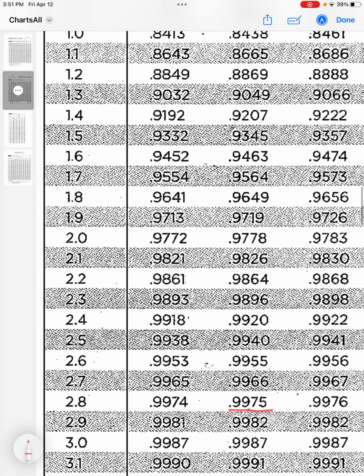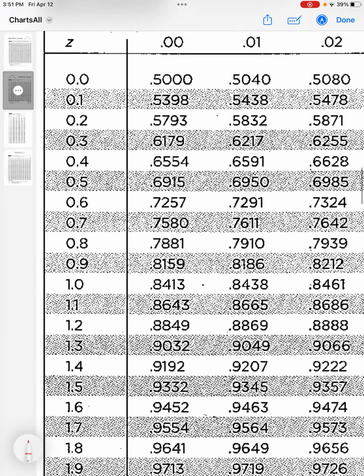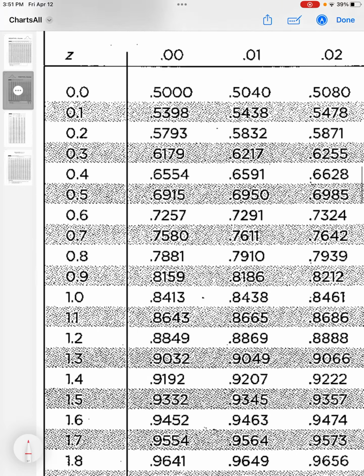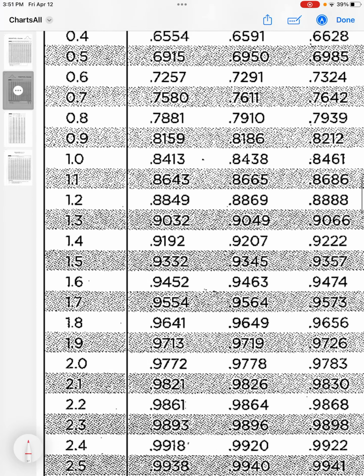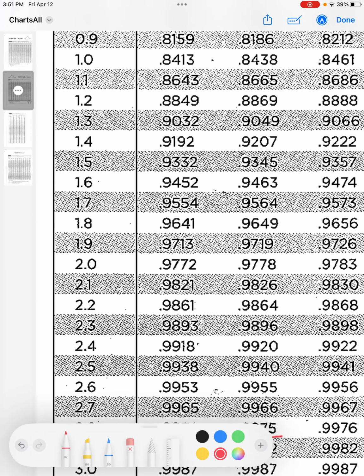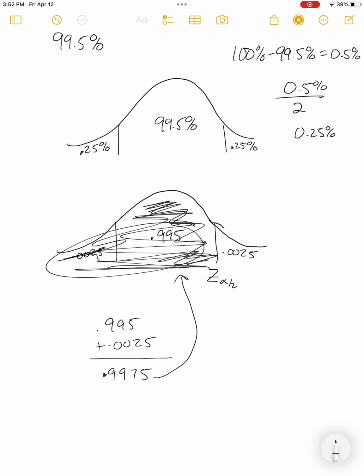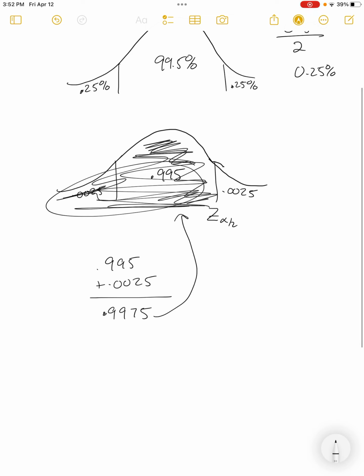It's in the 2.8 row and then the 1 column. So again, 2.8 row, 0.01 column. So with that in mind, we go back over here and we know our critical value. Our critical value, our z alpha over 2 value, is that 2.81.